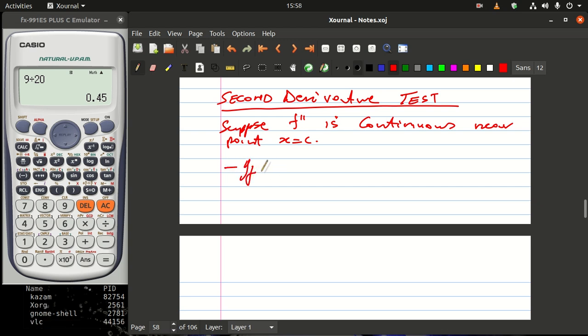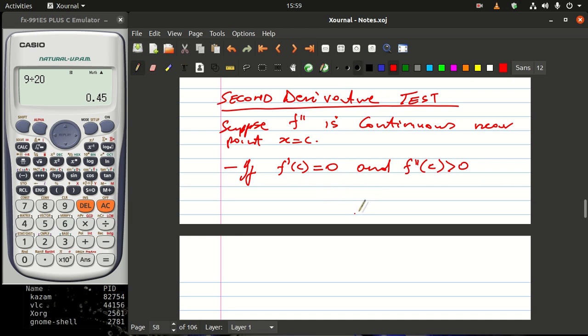If the first derivative is equal to 0 at this point c, so we have f prime of c is equal to 0, and I know that the second derivative with respect to x at that point c is bigger than 0, this is what is happening here.